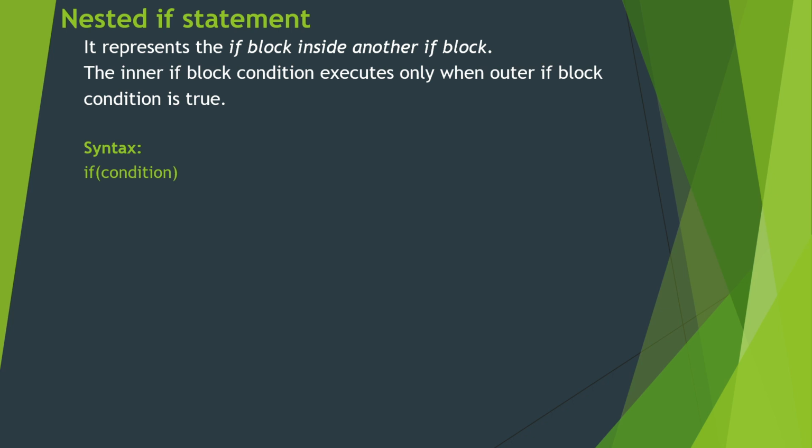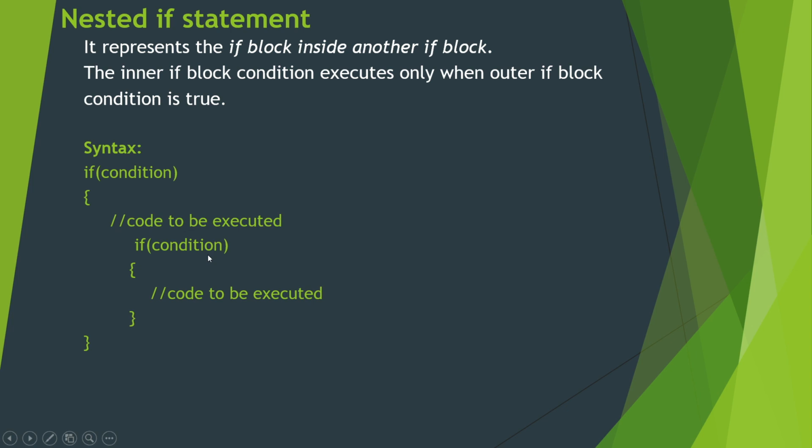Let me explain with this syntax. This is the outer if with condition, open curly braces. So this is the if body. If this condition is satisfied, then it will go to this, which has some code and another if. So this is known as the outer if and this is known as the inner if.